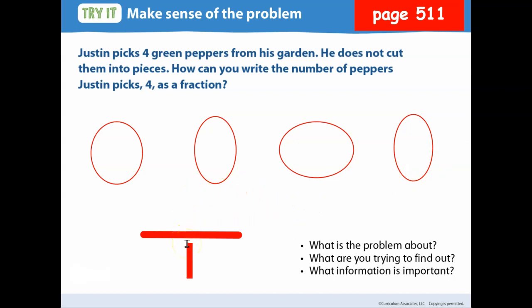What's my denominator going to be? What is it? 1. And then what's my numerator? Focus, please. So this is how you write 4 as a fraction, just like in the hand movements, with a denominator of 1.